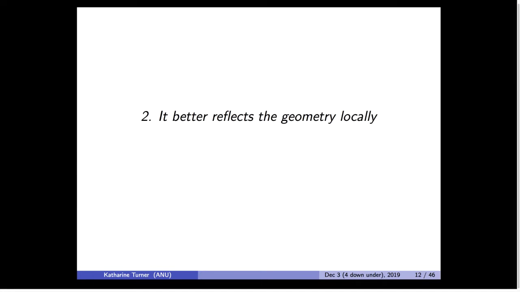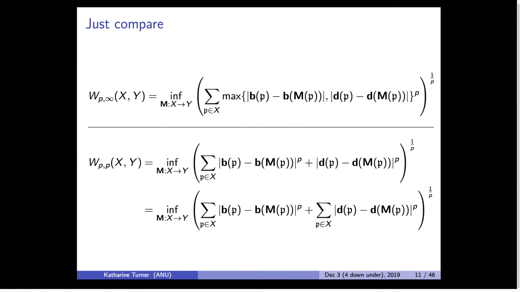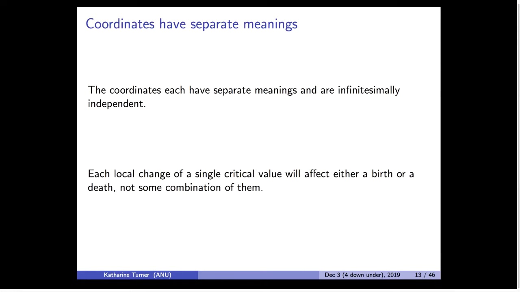All right, so it better reflects the geometry. This relates to the breaking up of this formula. The idea is that each coordinate has a separate meaning, and they're infinitesimally independent. I have a birth event and a death event. These aren't just points in the plane where the coordinates don't matter. The coordinates matter here. They've got meaning. It's not like I'm just taking two points in some arbitrary metric space.